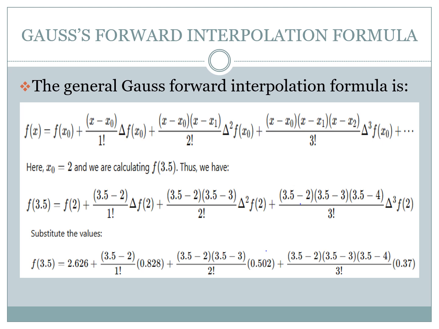Just put it here. And delta square f of 2 value is 0.502. Just put it here. And also delta power 3 f of 2 value is 0.37. Just put it here. So now we have to substitute all the values here. Then now we have to simplify this one.